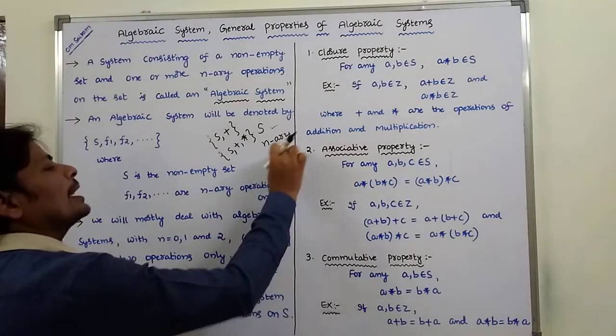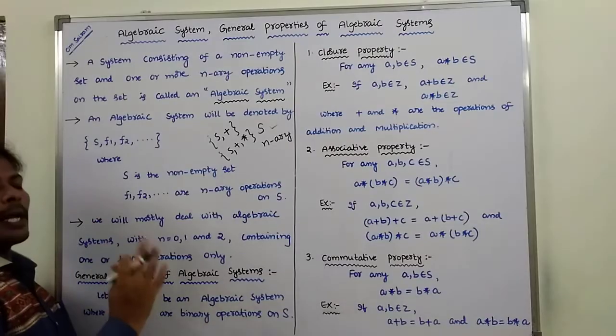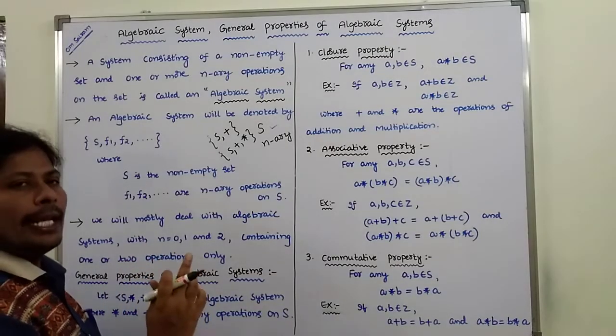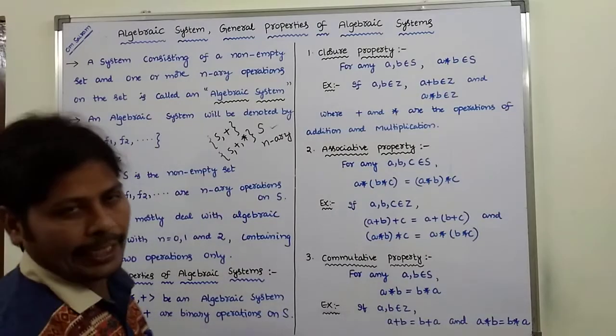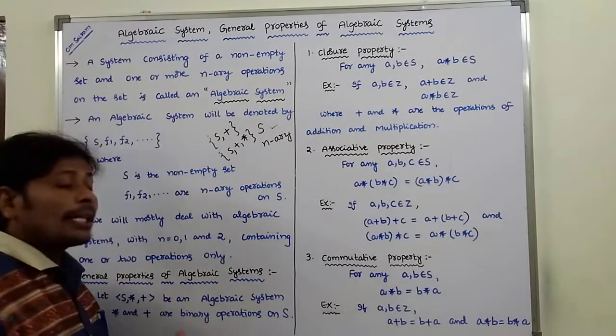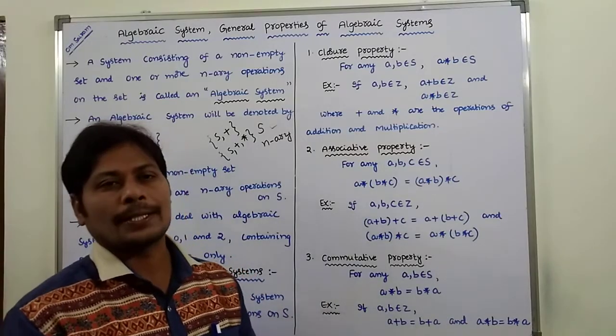So this is the meaning of n-ary operation, but most algebraic systems deal with only one or two operations. Next, what are the general properties of the algebraic system?